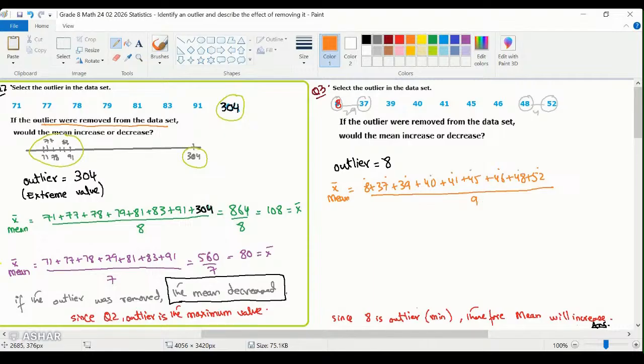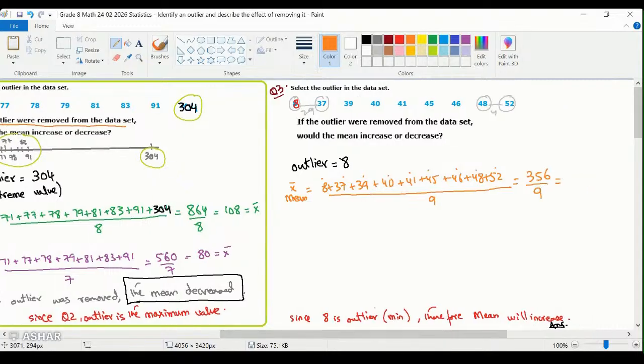Let's add them together. 8 plus 37, 39, 40, 41, 45, 46, 48, and 52. The total comes out to be 356 divided by 9.